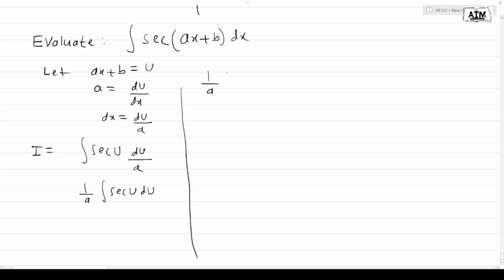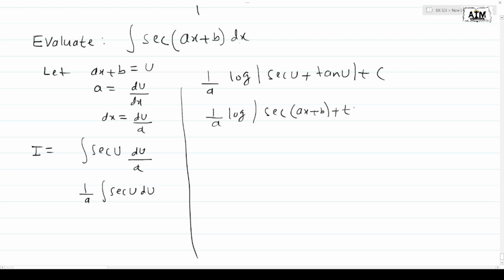Therefore 1 upon a, and integration of sec u is nothing but log of modulus sec u plus tan u modulus close plus c. 1 upon a log modulus, in place of u write ax plus b, plus tan of ax plus b, modulus close, plus c.